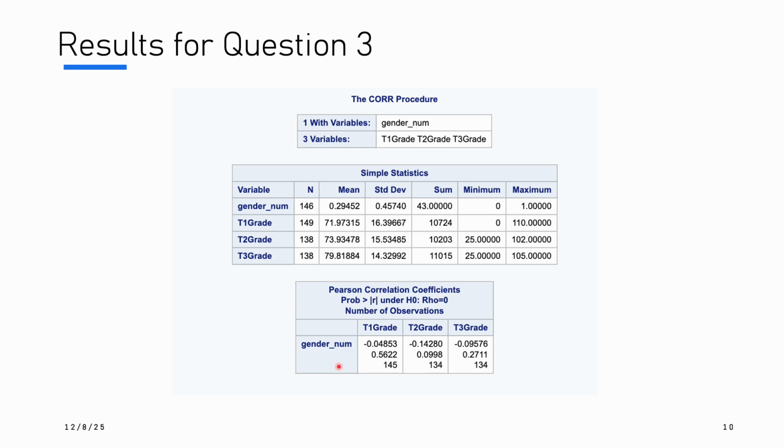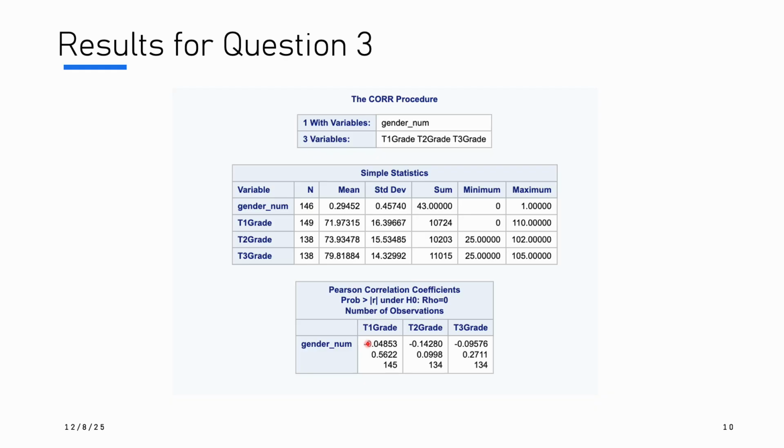Here is our CORR procedure. The table on the bottom shows each p-value and correlation. With correlation, the closer the values are to 0, the weaker they are. For test 1, the correlation was negative 0.04853, which is weak.